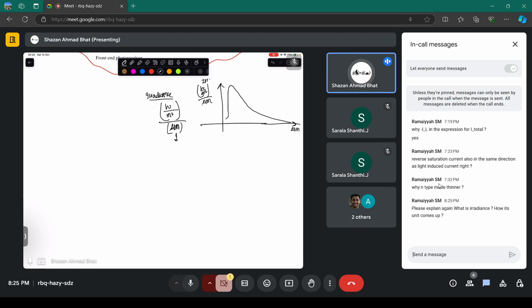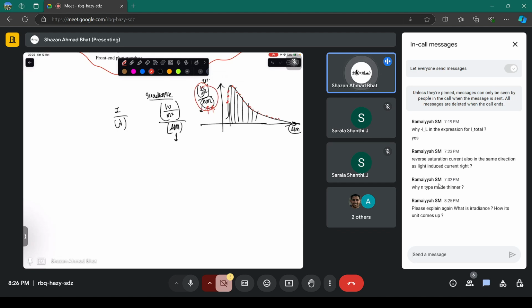This is just like you normalize it with respect to every wavelength. The micrometer is because of the wavelength, and watt per meter square is intensity. It's like intensity per wavelength. At each wavelength, what is the intensity of the light which is coming out? That is what irradiance is. That's why this unit is normalized with respect to wavelength.